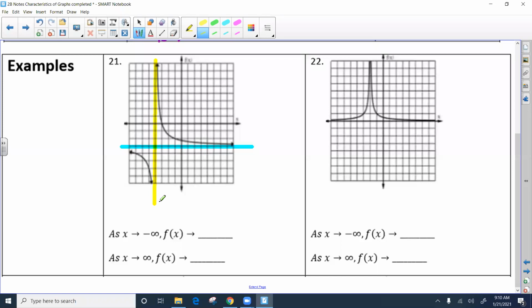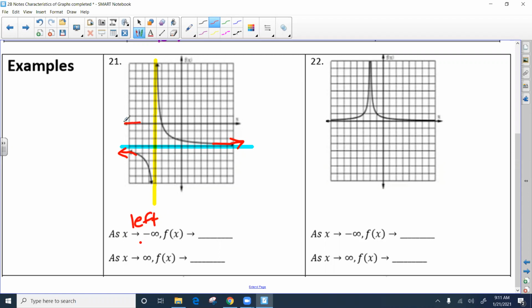However, that isn't affecting the end behavior, because when we're looking at end behavior, we are only looking at what's happening at the ends of the graph. Okay, so I'm looking at the left end and the right end. All right, so let's fill this in. As x approaches negative infinity, that's talking about the left end.